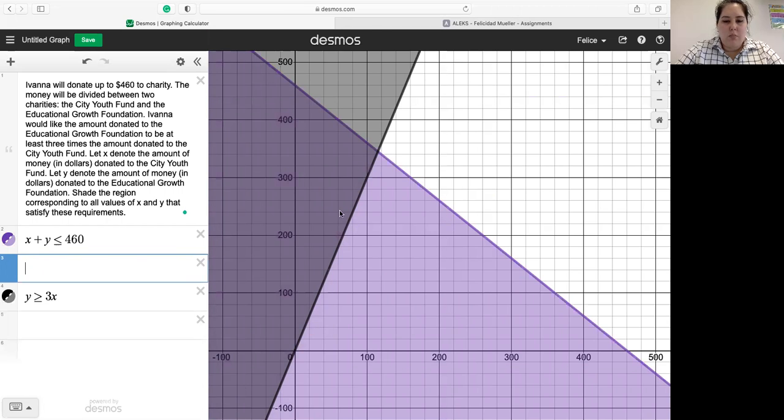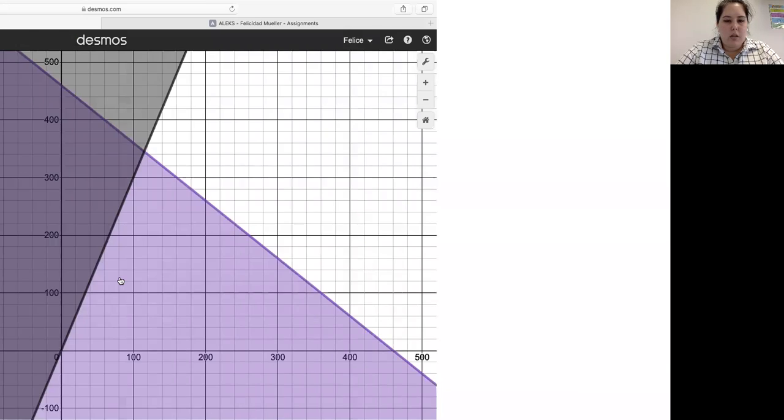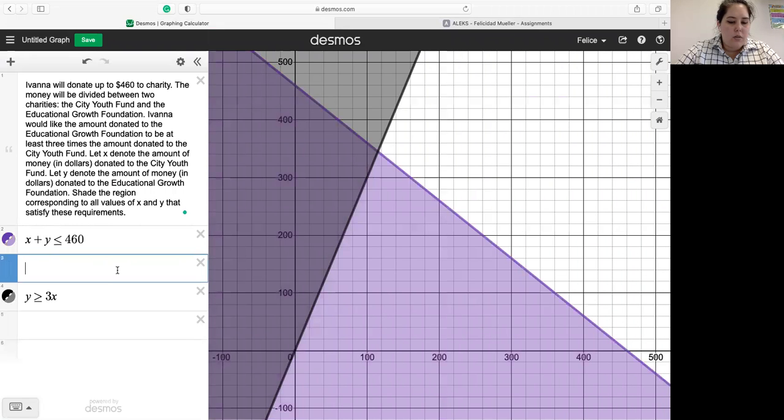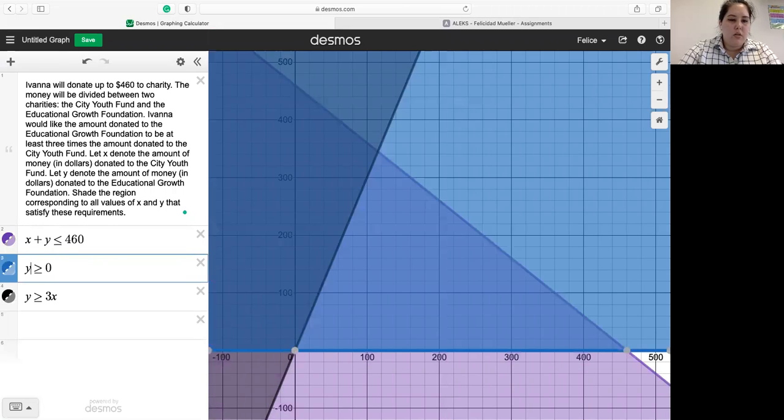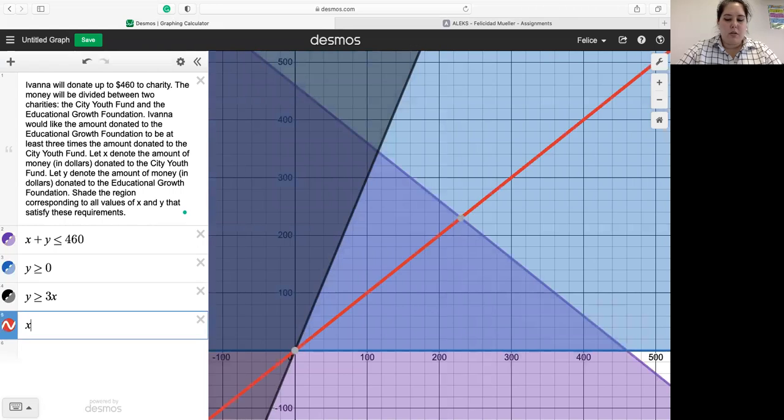We're just going to shade above. And Y is greater than or equal to 0, and X also has to be greater than or equal to 0.